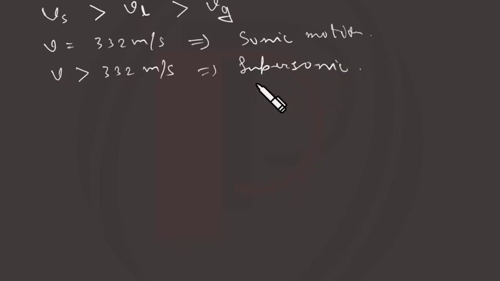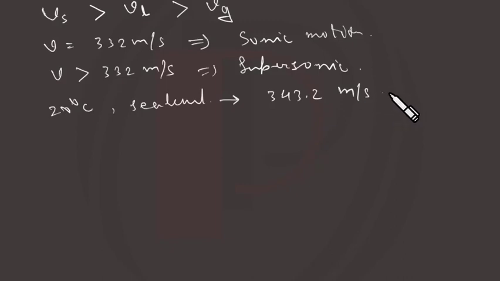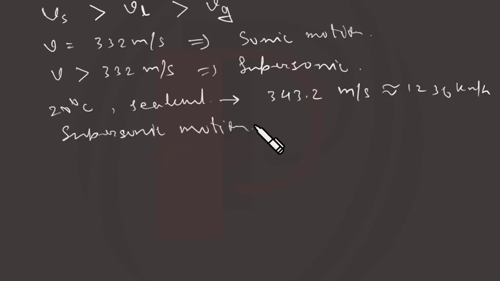They have even higher velocity, and typically at 20 degree Celsius temperature and at sea level it is around 343.2 meter per second, which is approximately 1236 kilometer per hour. So that's a typical value of the supersonic motion in dry air at sea level at 20 degrees Celsius temperature.